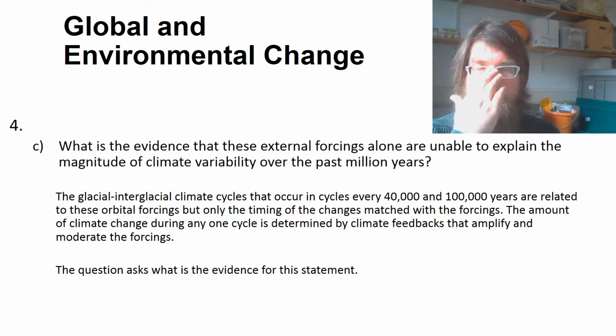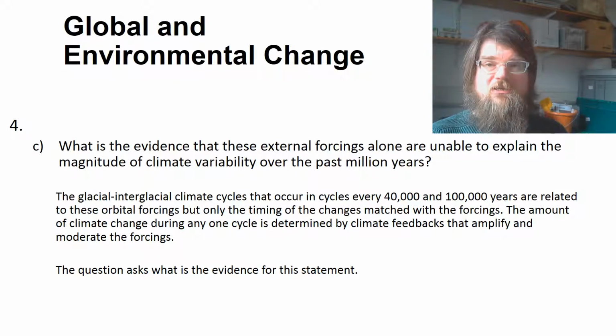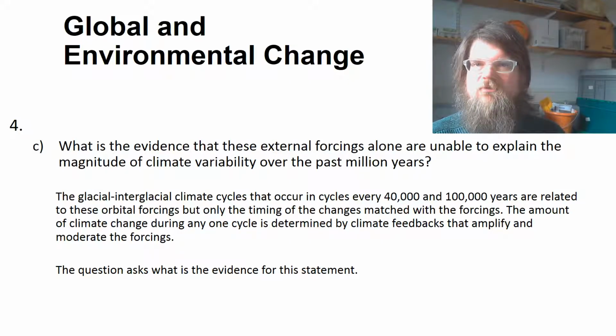So we'll look in a bit at some graphs, but the question is asking what evidence we have that there must be some other control on climate, other than these orbital forcings, that allows us to explain the actual climate change record.